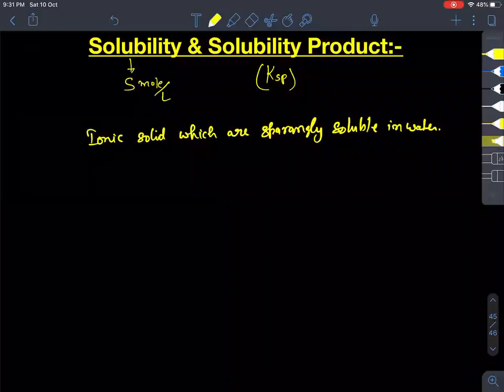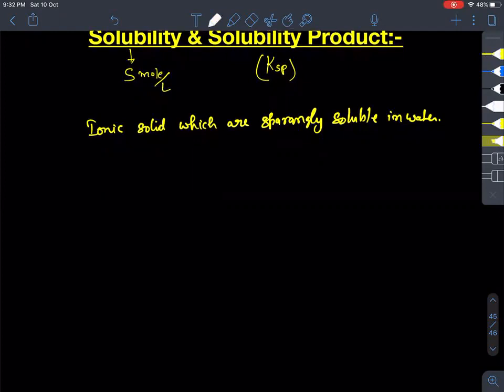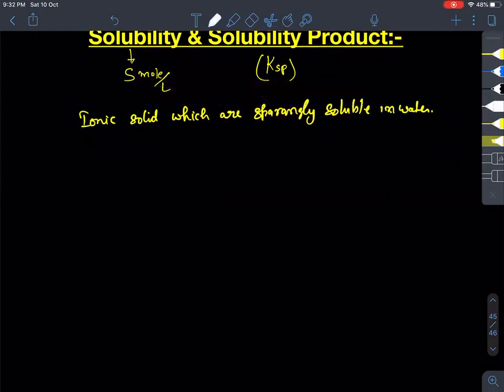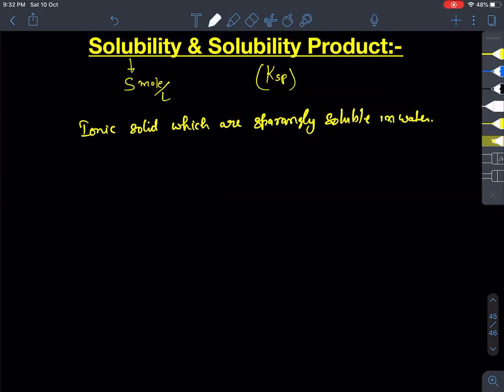There are infinitely many compounds which exist in the solid state and are composed of ions. One of the best examples is AgCl. AgCl exists as a precipitate in water, so now we will discuss the solubility of AgCl.